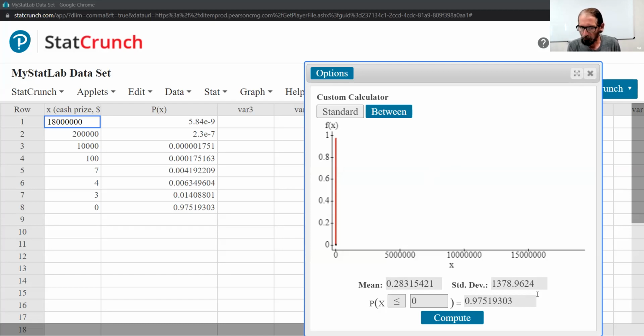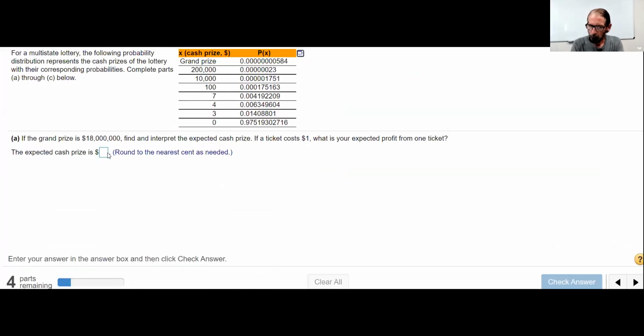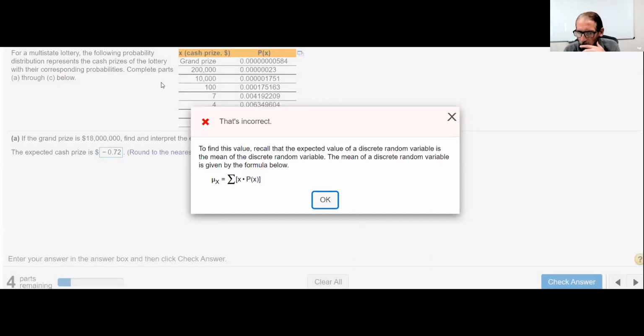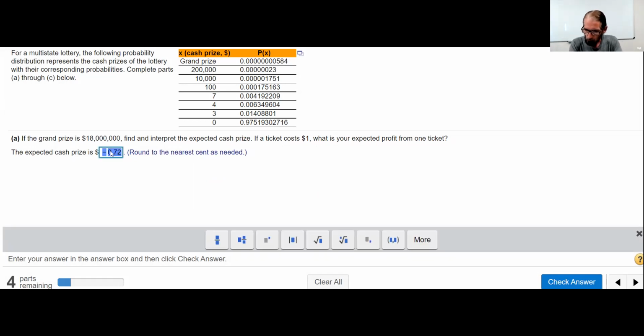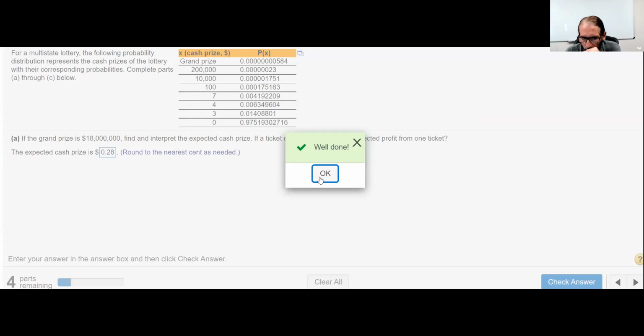Let's check that out and see if we get agreement here. Okay. Wonder what happens if we put in the 0.28. That is strange.